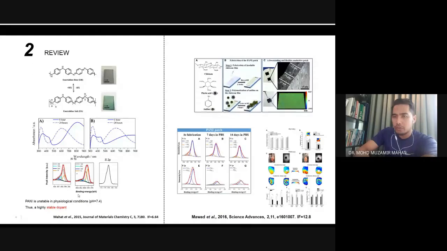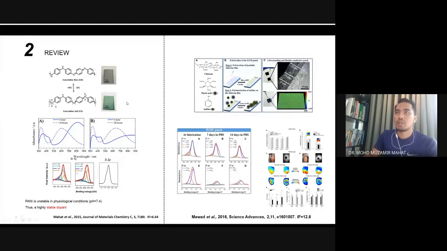So some review, in 2015, during my PhD study, we published an article in a journal showing the synthesis and preparation of a conducting polymer in the form of thin film. We can see that the polymer is polyaniline.